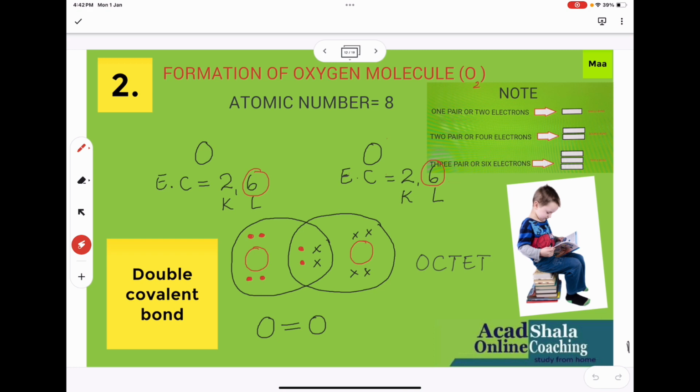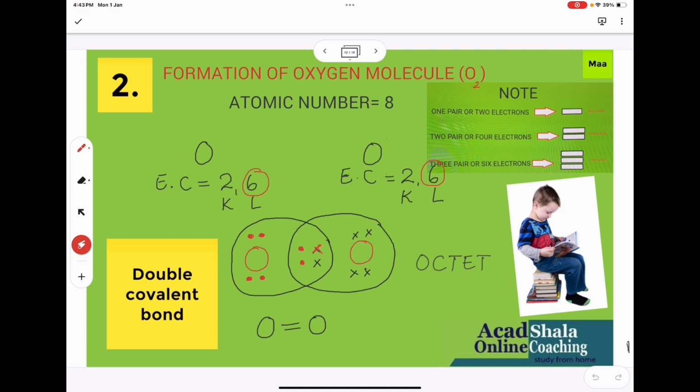So, children, always keep it in mind that oxygen will share two electrons from its outermost shell only. Out of 6, 2 electrons oxygen will share, and how many will be left? 4. So this oxygen, I write it over here, and this oxygen has shared its 2 electrons over here.